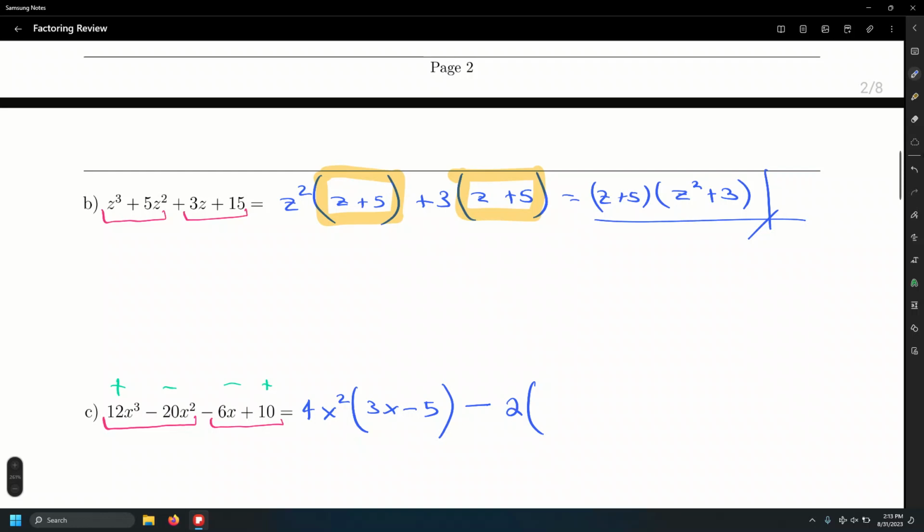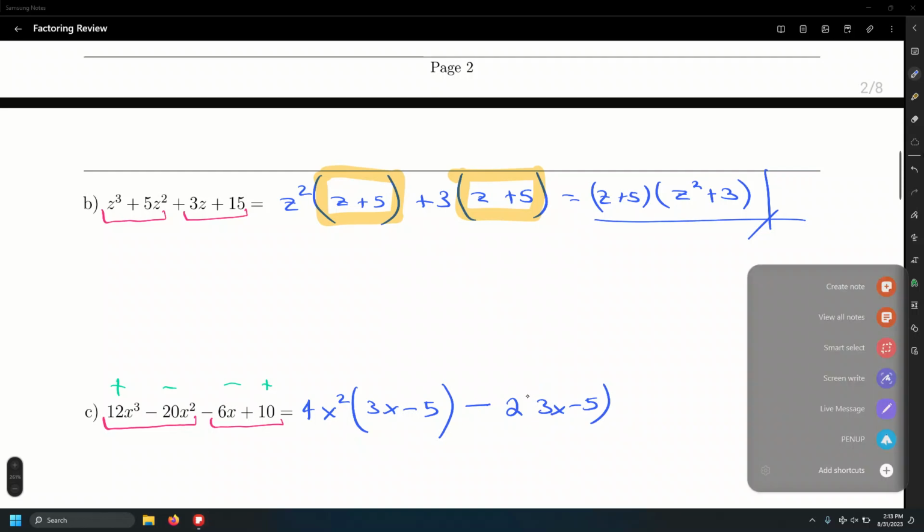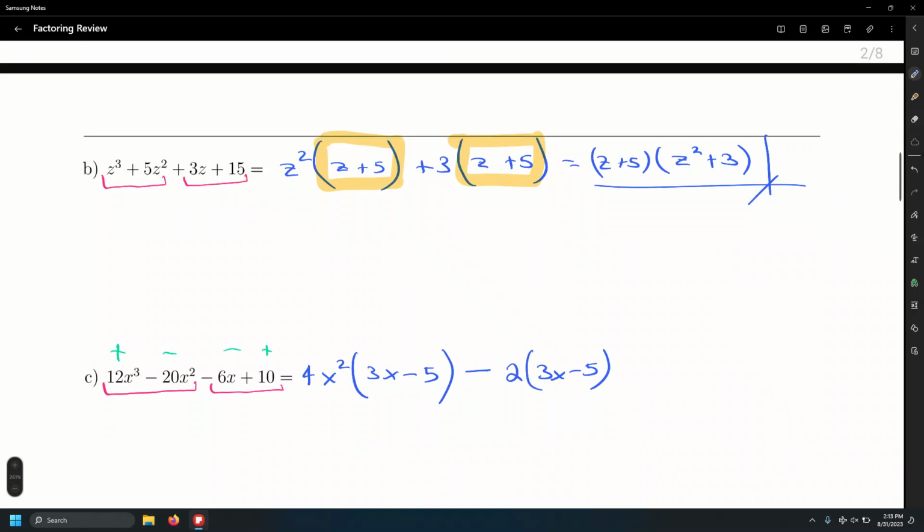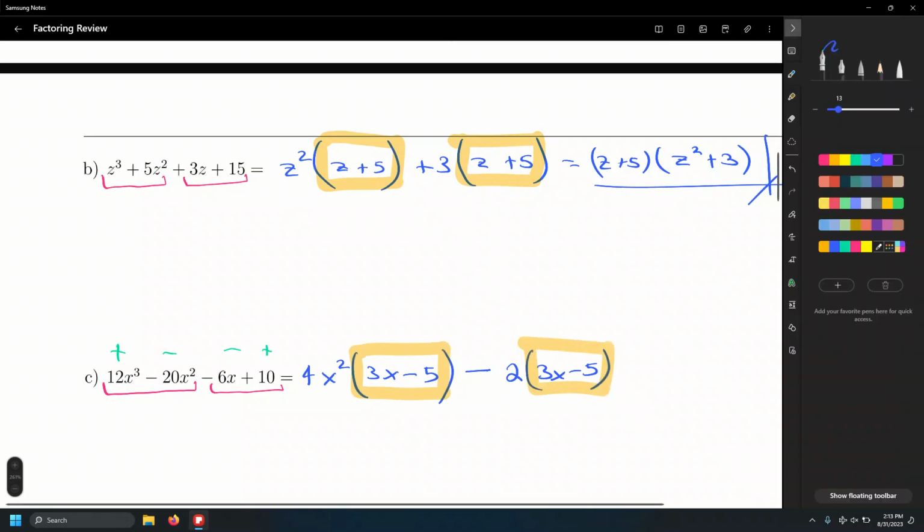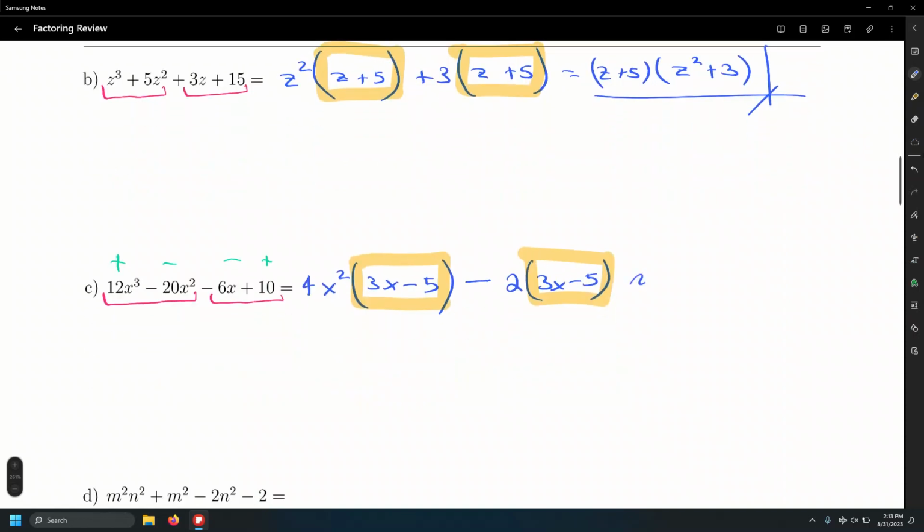So now 2 times, in this case, 3x minus 5, and then from here, again, see the new greatest common factor. That's going to be equal to 4x squared minus 2 times 3x minus 5.